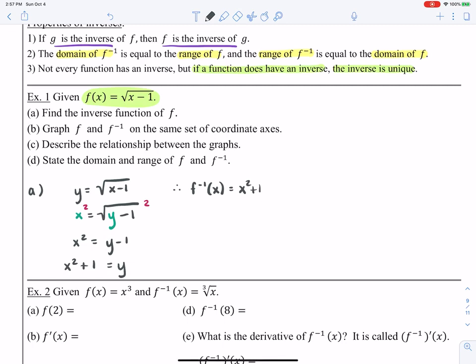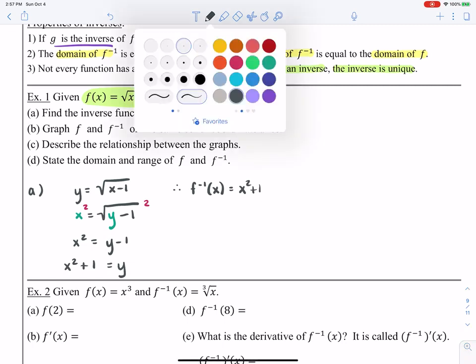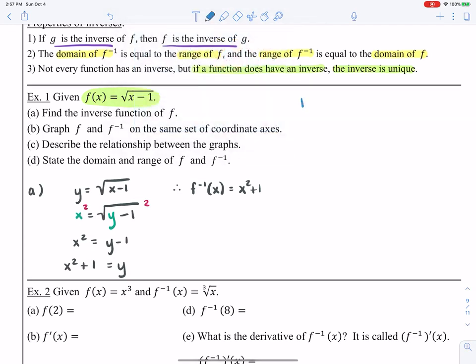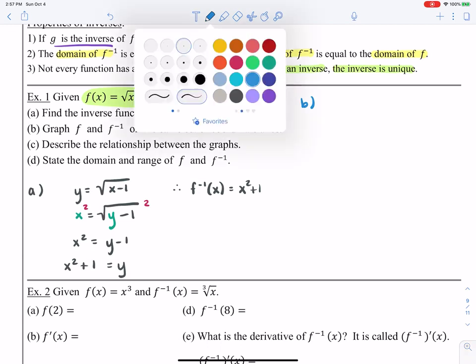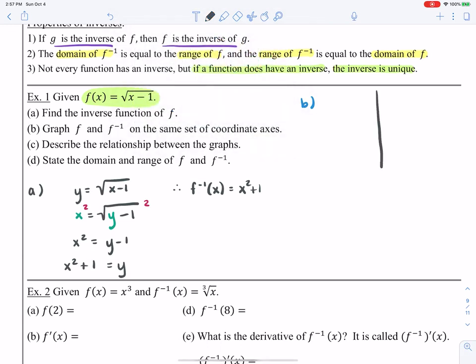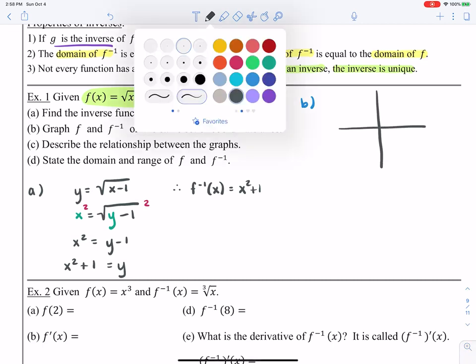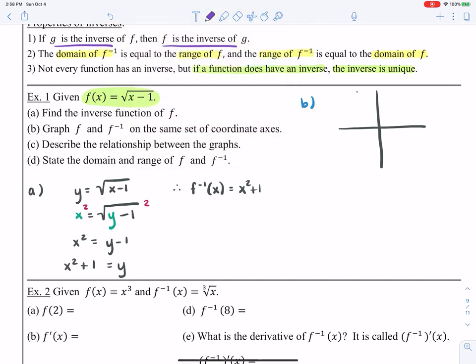Number 2, the second thing I want to do is actually graph these. So we can make a sketch of this. We all were really excellent in Algebra 2, so we can make a sketch of these two graphs. So we're going to have a set of axes, and we know that x squared plus 1 is the parabola parent function moved up 1 unit.